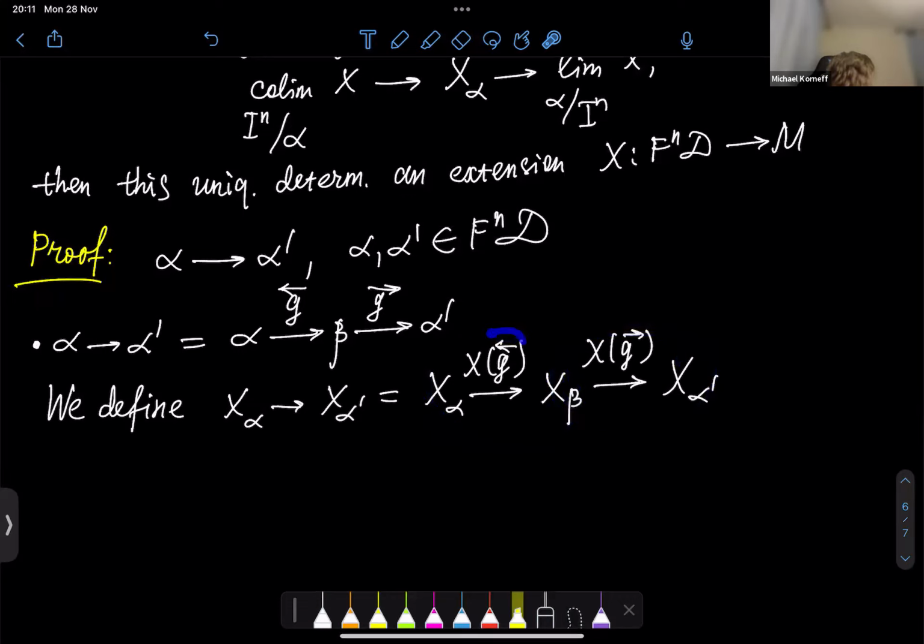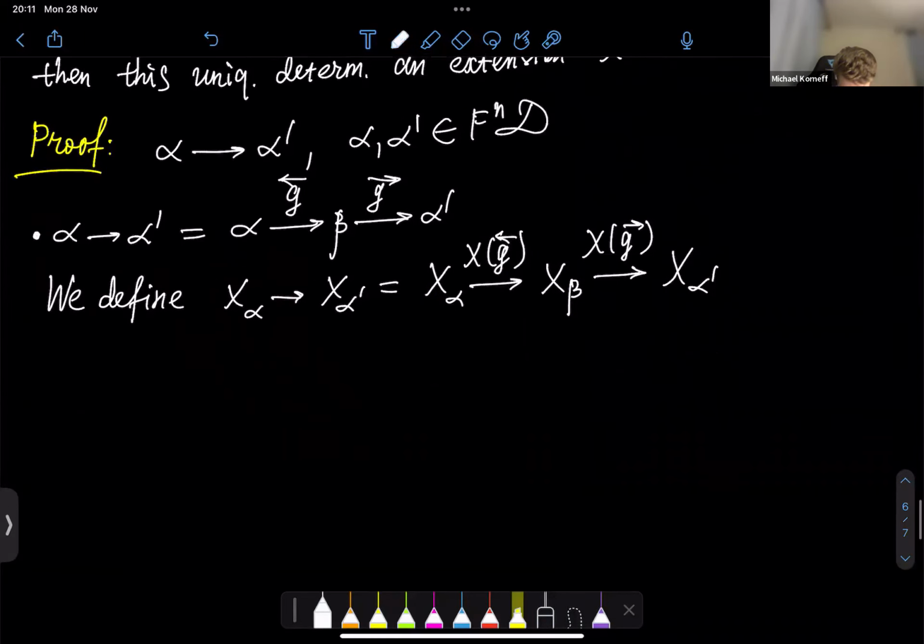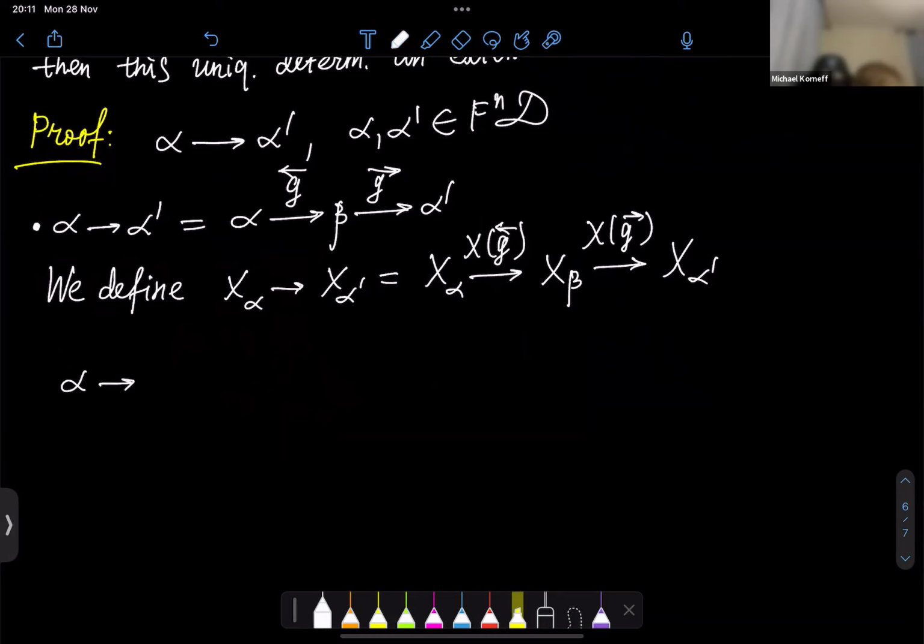We know what is the x of j with a reversed arrow and the other one. Okay, and it remains only to show that if you have a composition, then this composition produces the following commutative triangle.